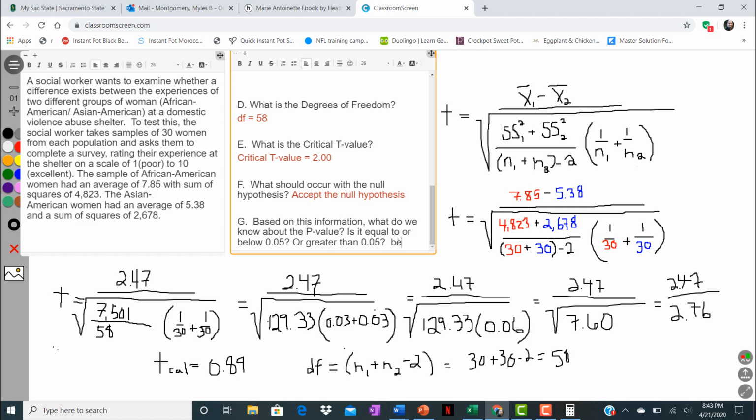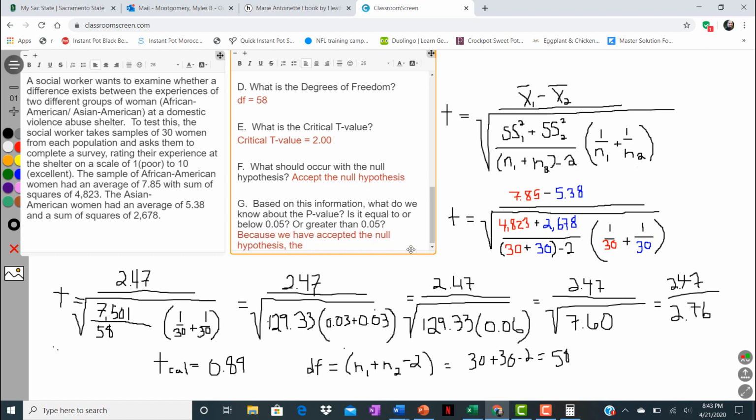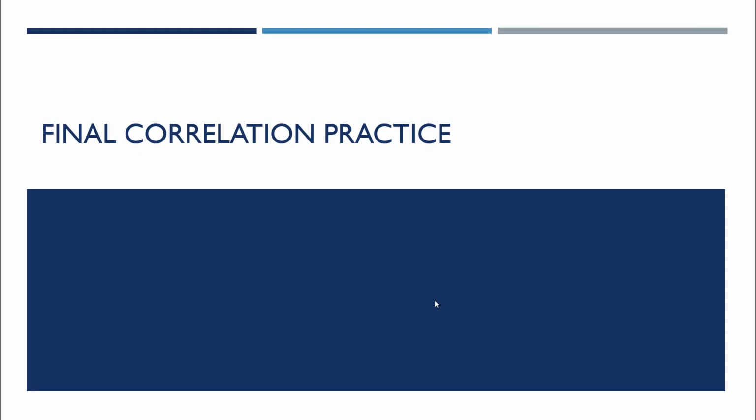Sorry, red just makes it easier on your eyes and mine. Because we have accepted the null hypothesis, the p-value is going to be greater than 0.05.